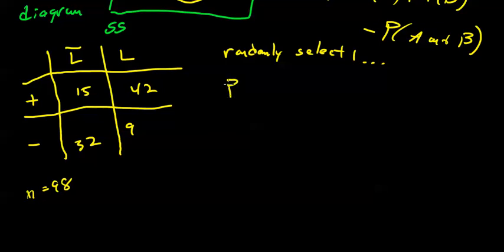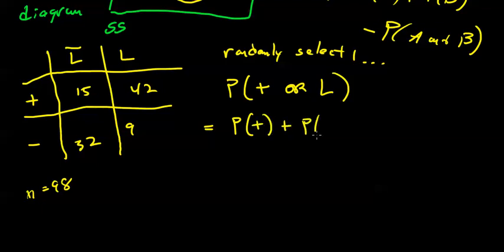And I'll ask, what's the probability that you pick someone with a positive lie detector test or the event of lying? Alright, applying the addition rule, I could say it's the probability of a positive test plus the probability of finding a liar minus the probability of both.